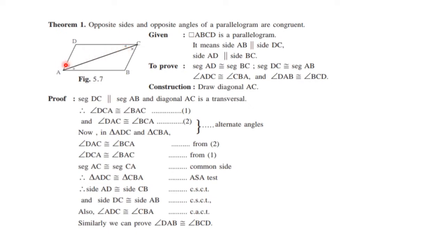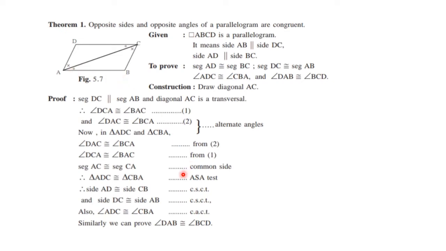Okay, so when we prove that these two triangles are congruent by any test, the rest of the sides and the rest of the angles automatically become congruent. That means side AD is congruent to side CB and side DC is congruent to side AB.